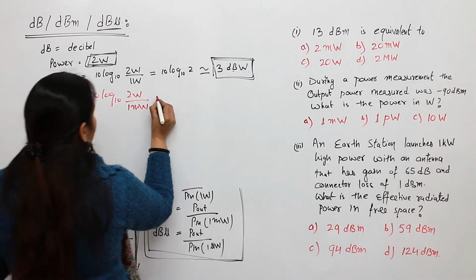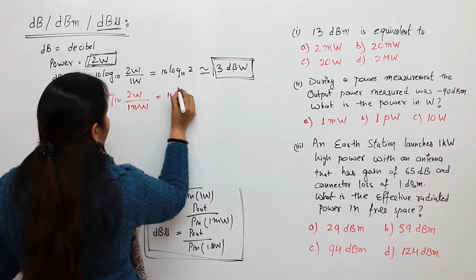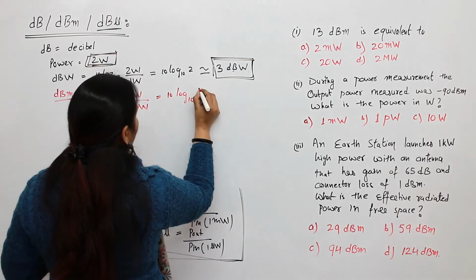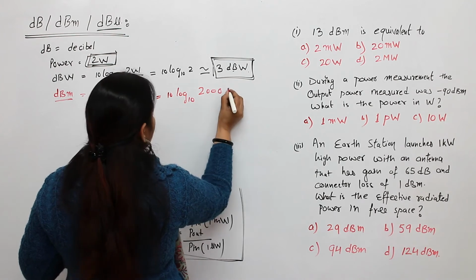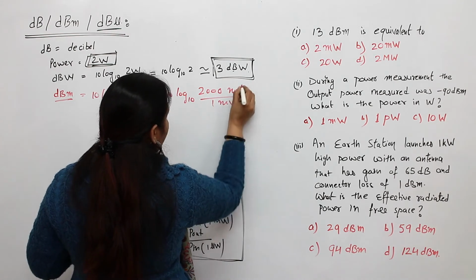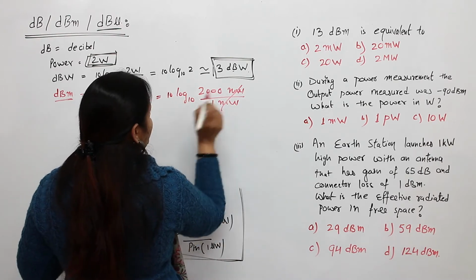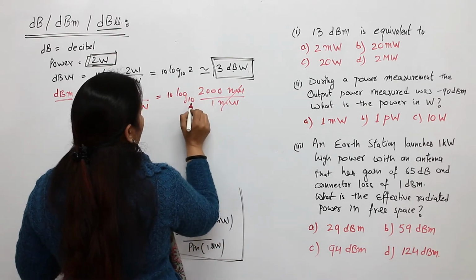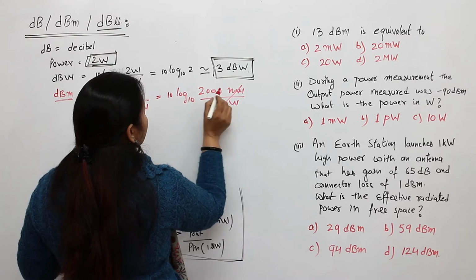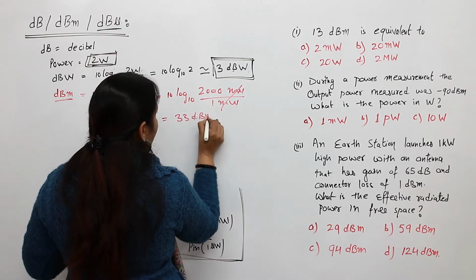So convert this 2 watt into milliwatt so you can find the absolute number: 10 log10 of 2000 milliwatt divided by 1 milliwatt. So this will be 10 log10 of 2000, which is 10 log10 of 2 plus 10 log10 of 1000. This will give you 33 dBm.